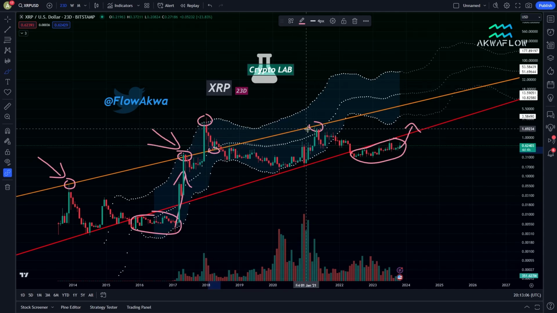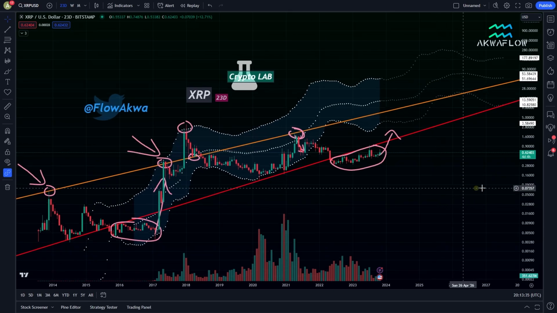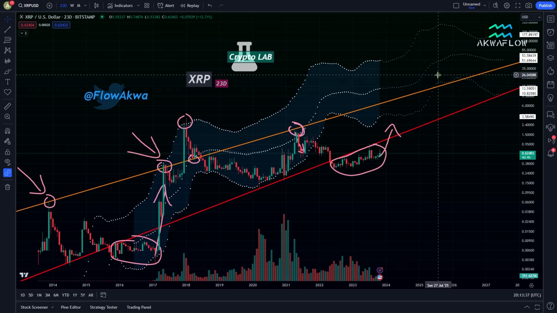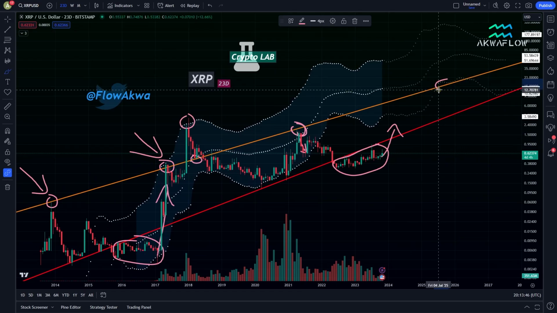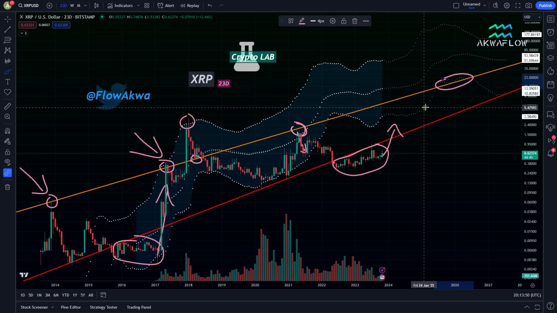Here again, it was a confluence between the orange line and the middle line. And you can see that we touched the orange line and we got rejected to the downside. That's why in the future, I will pay attention to this area of confluence. Indeed, just right here, we have a wonderful area of confluence between the bottom of the band and the orange line.